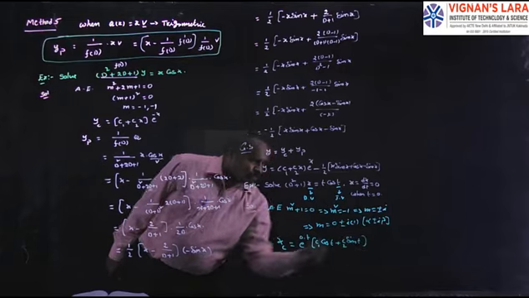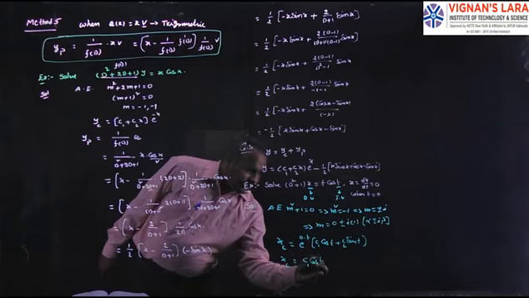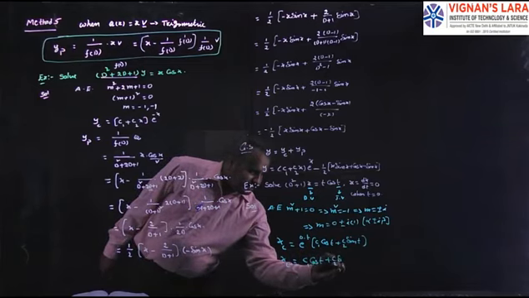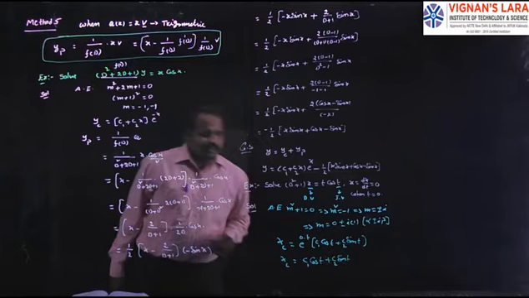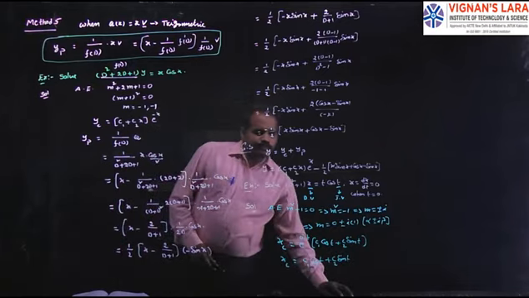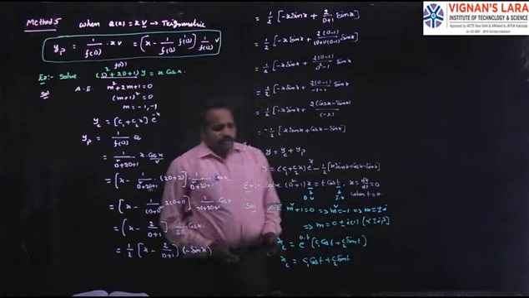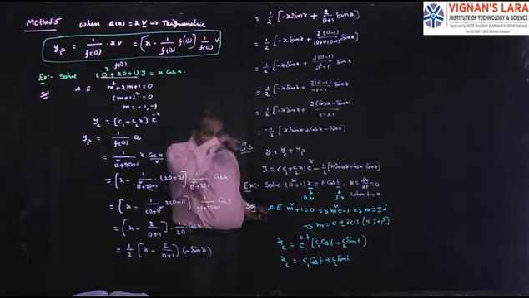So xc is equal to e power 0 value 1, c1 cos t plus c2 sin t. This is related to the complementary solution. So here I calculated the complementary solution.